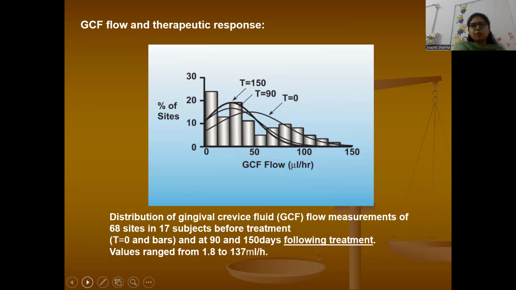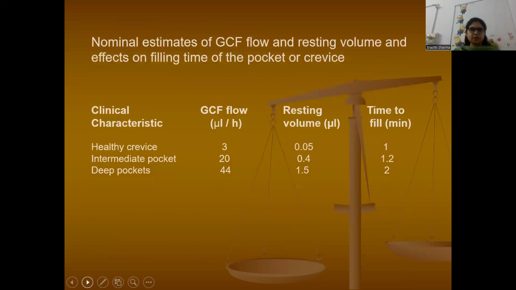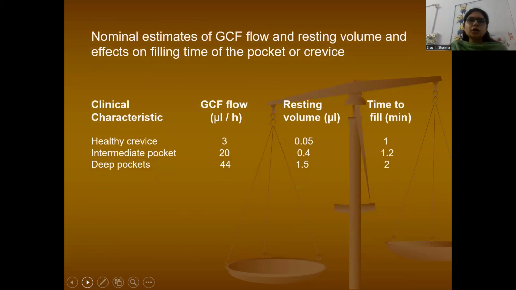Values ranged from 1.8 microliter per hour to 137 microliter per hour. Nominal estimates of GCF flow and resting volume and effects on filling time of the pocket are devised.